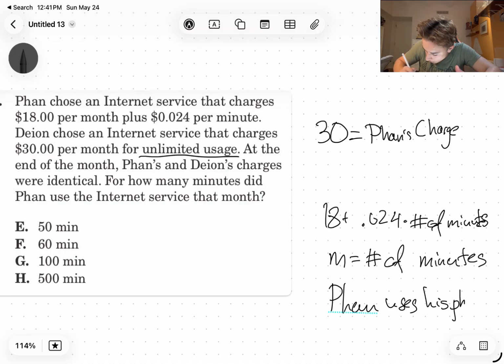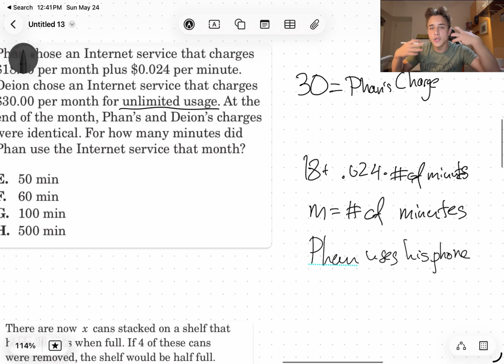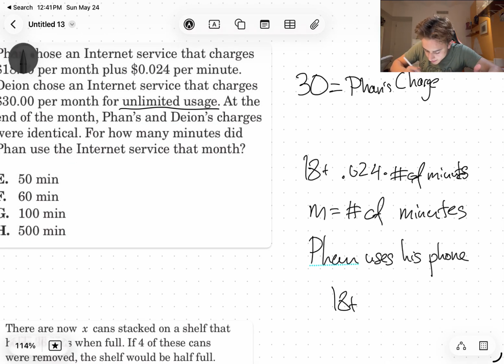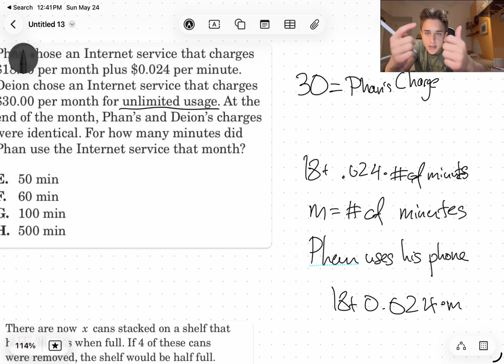So we know that his charge is going to be 18 plus 0.024 times M. Per is one of those words that tells you to use multiplication, so we're multiplying 0.024 by the time he spends using the service.